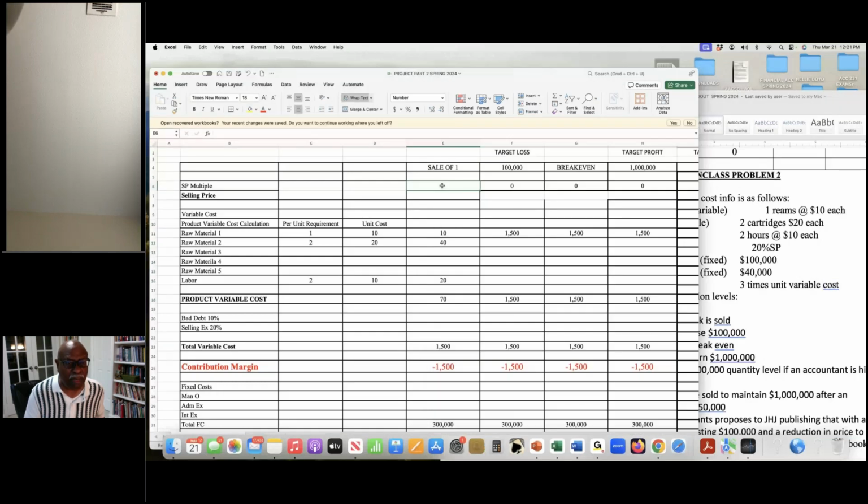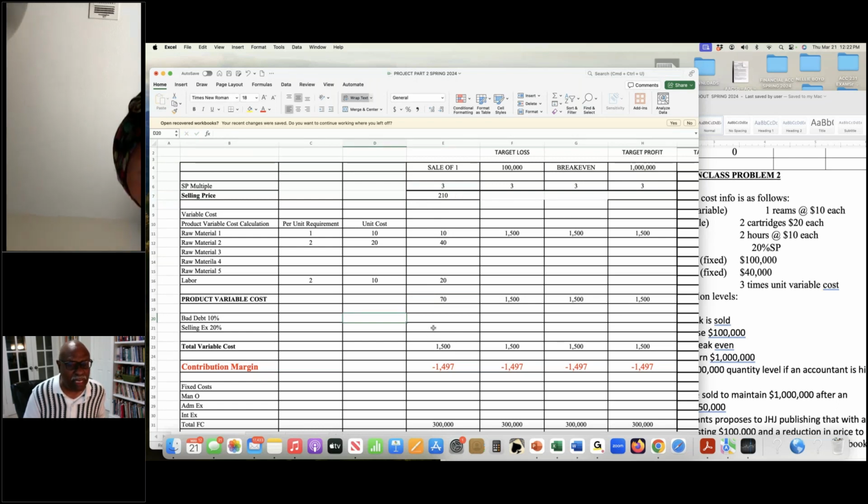We will have to multiply. So our selling price is going to equal the selling price multiple 3 times the product variable cost. So our selling price is 210.